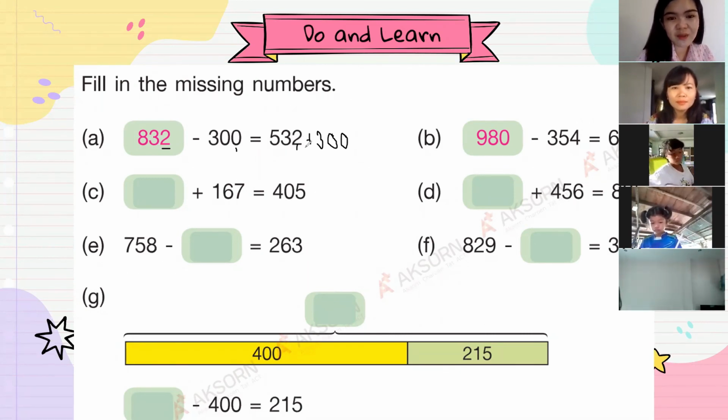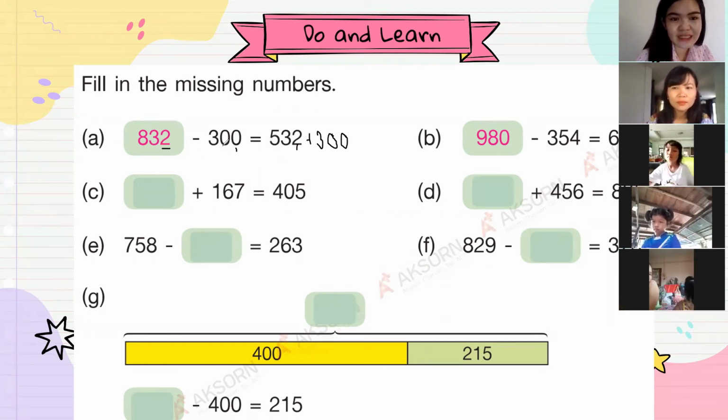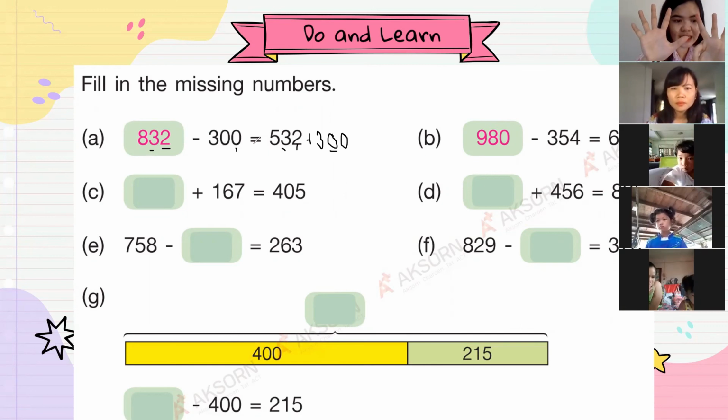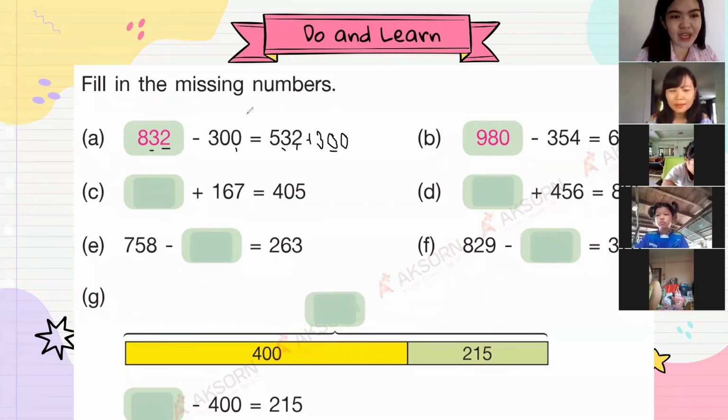So, 2 plus 0 is how many? 2, right? And 0 plus 3 is how many? 3. And then 5 plus 3 is how many? 8. Very good. So the answer is 832.